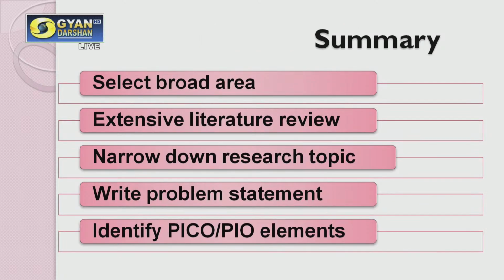So we can summarize. Very important is to select the broad area. You have to do an extensive literature review. Narrow down your broad area to the topic. Select one or two topics, then convert into a research statement or a problem. Keep in mind the PICO, that is the patient or problem, intervention, comparison and outcome.